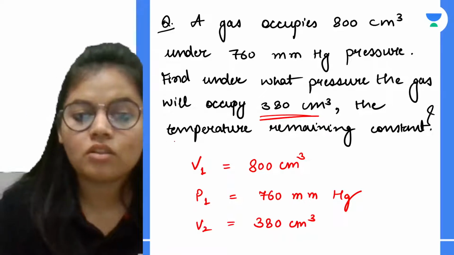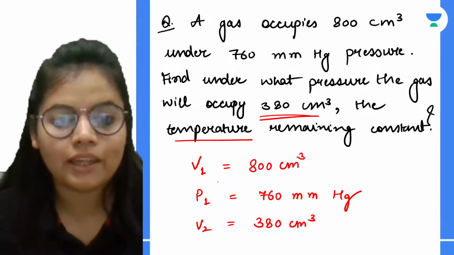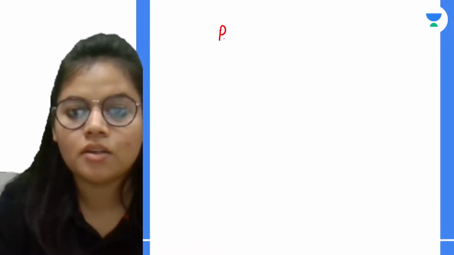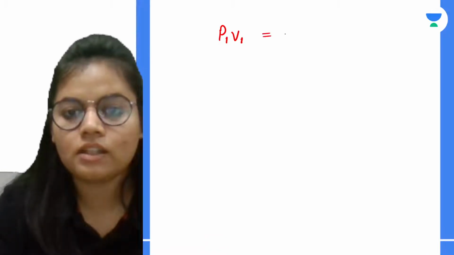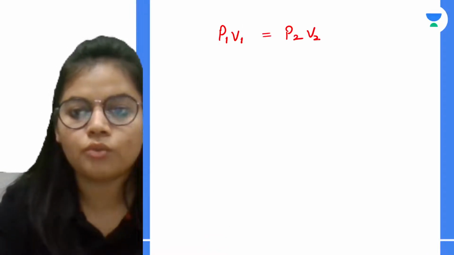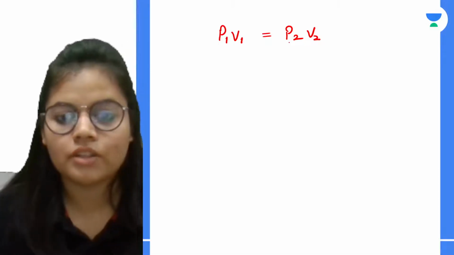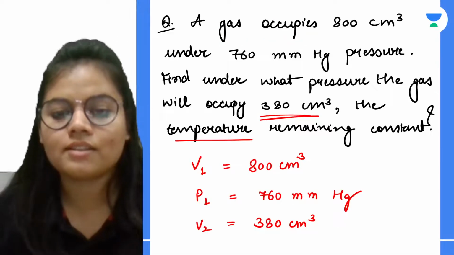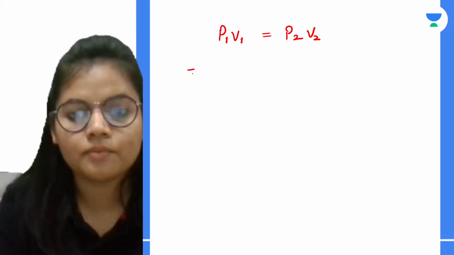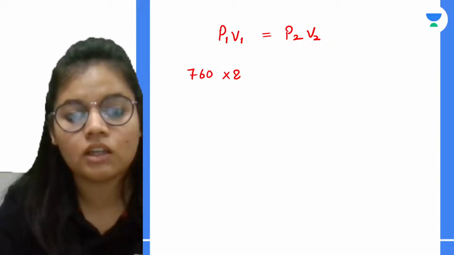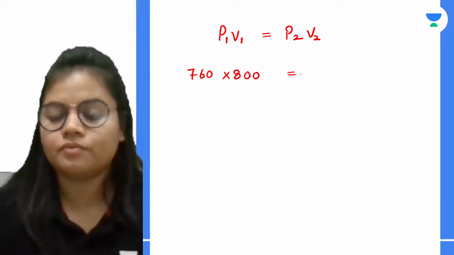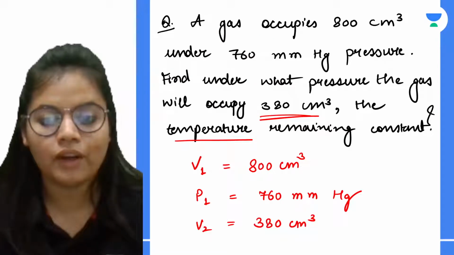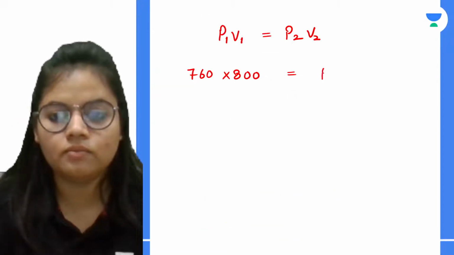Here temperature is constant, which means we will be applying Boyle's law. And what would be the equation? P1 V1 is equal to P2 V2. Putting the values in the equation, it is 760 into 800 equals P2, which we have to find out, into 380.